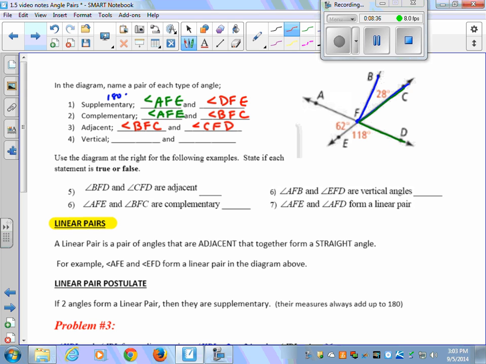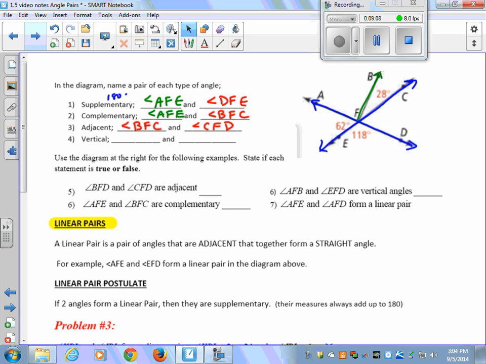Okay, vertical angles. Remember, we said vertical angles are always formed by two intersecting lines. I only see two intersecting lines in this diagram: this one, line AD, and this one, line EC. Notice this other thing coming off here is just a ray.